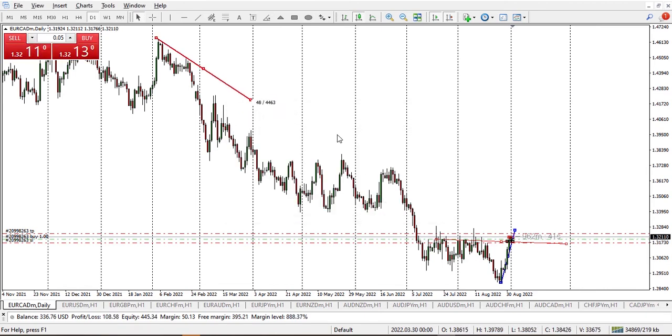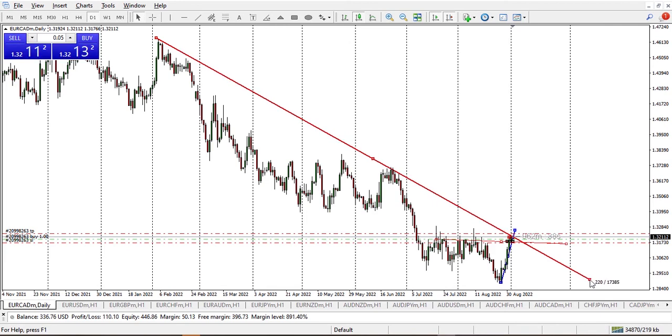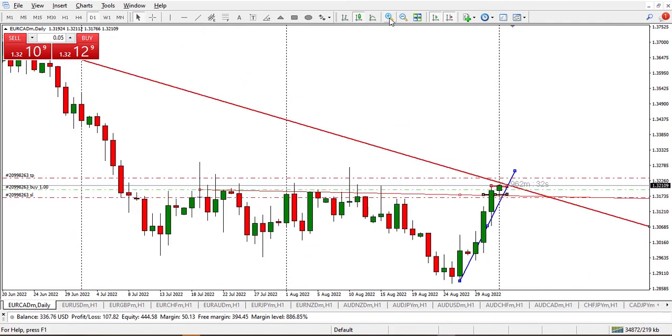And then finally, what happens is the market is coming to test this level here. But the bigger picture is that the market has already given us what we call a head and shoulders formation, and I'll show that to you.